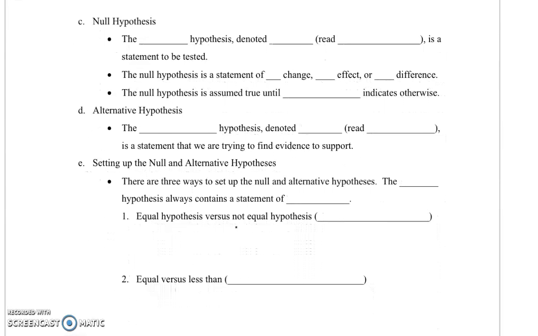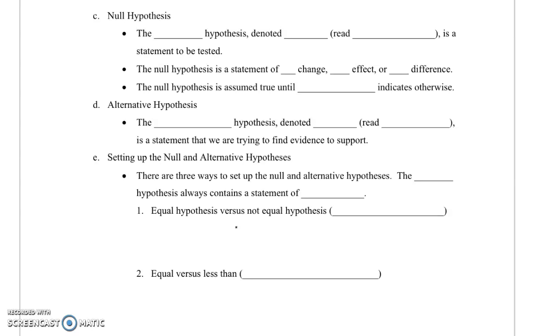So formally, when we do this, we create a null hypothesis and an alternative hypothesis. The null hypothesis, we denote H sub 0, and we read that H naught.